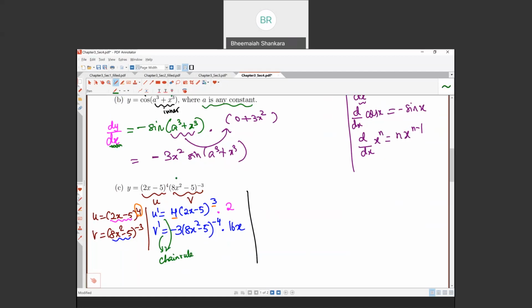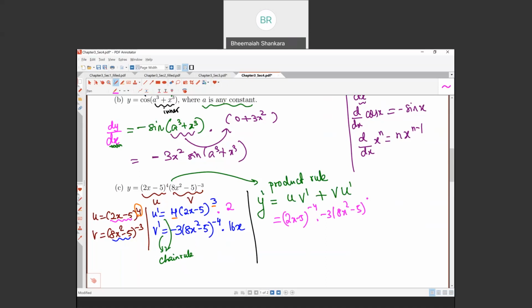Now here comes the product of two functions, hence the product rule. Let's get back to the problem. Derivative of y is y prime, and then you have u v prime. Fix one function, derive the other. Fix u, derive the first, u prime. So you want to plug in all the values here: u, which is (2x minus 5) to the 4, times v prime, which is negative 3 times (8x squared minus 5) to the negative 4 times 16x, plus v.